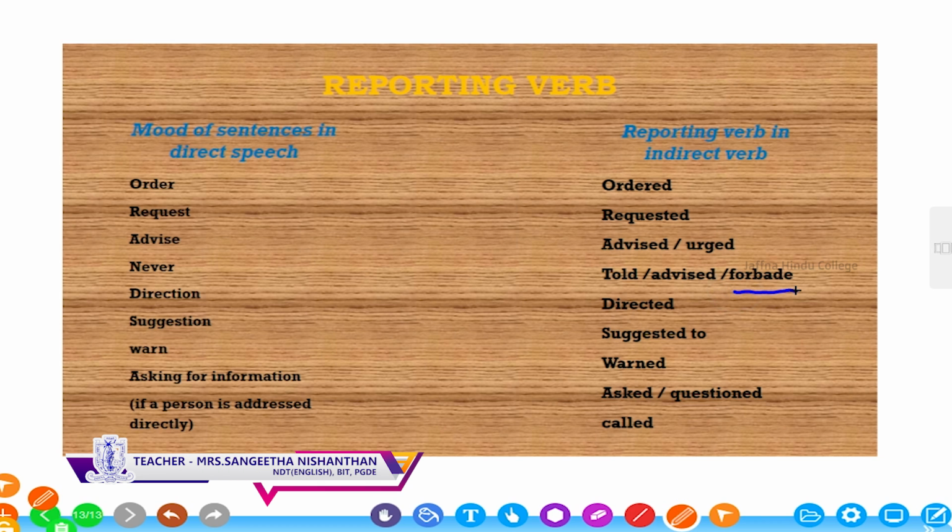Direction: if they direct something, we can use directed, or if it is a suggestion, begins with shall we or let's or something else, we can use the reporting verb suggested.